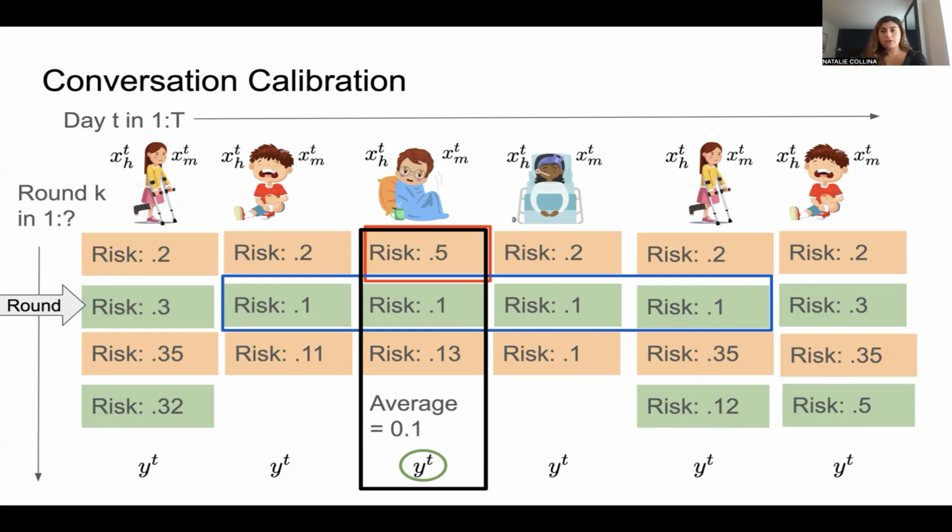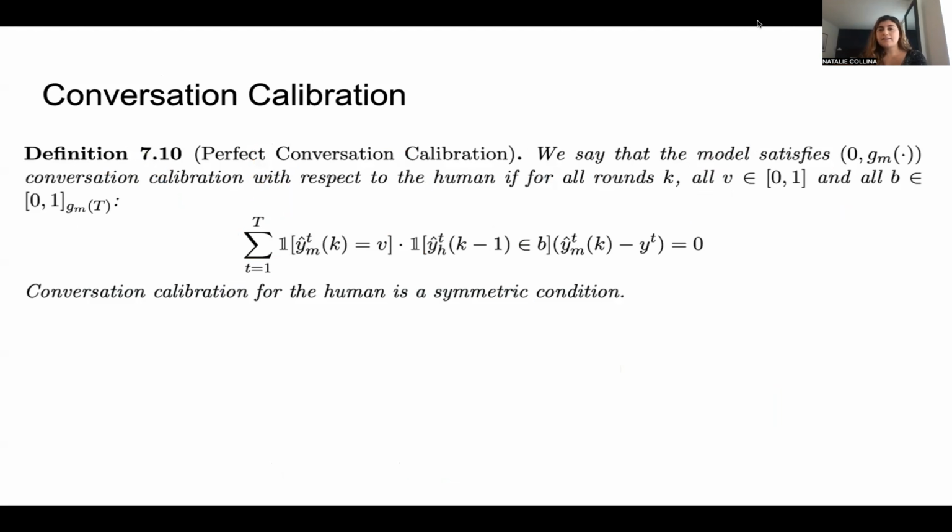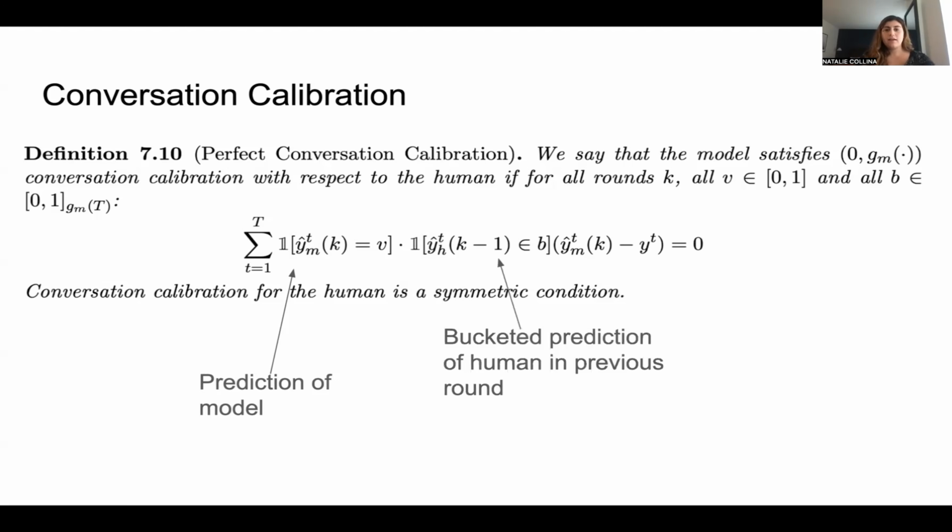So that's conversation calibration. And writing it formally, if you have a conversation calibration of 0, you can say that a model satisfies conversation calibration. Basically, we're saying that if you look over all the days, and then you look at a particular round, and just the days where the prediction of the model is something, and the prediction of the human in the previous round is something, well, on that, the bias should be zero.